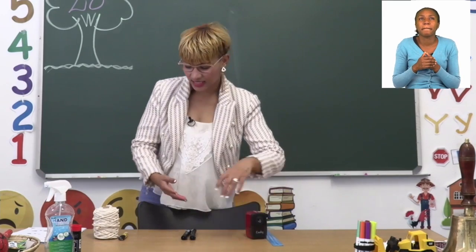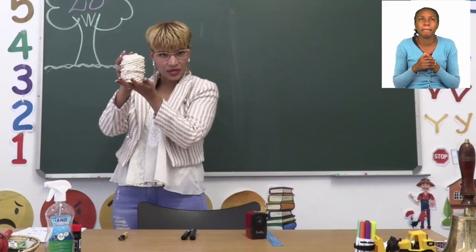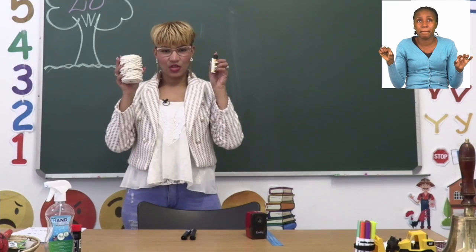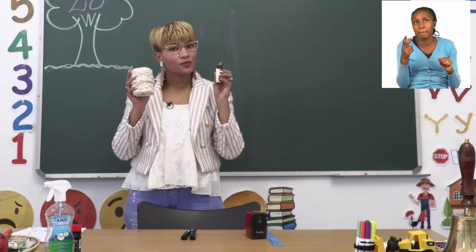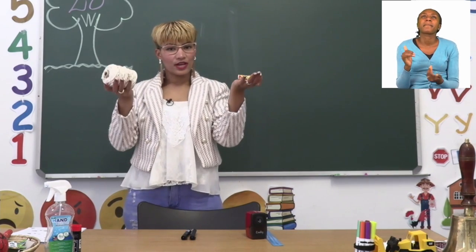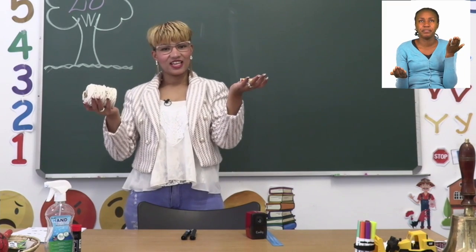And then the next set of items, here I have a big piece of rope and a lighter. So here I want us to look at which object is lighter. So let's hold it, or let me hold it and see.